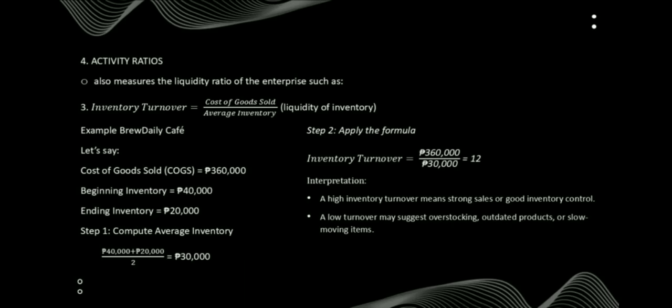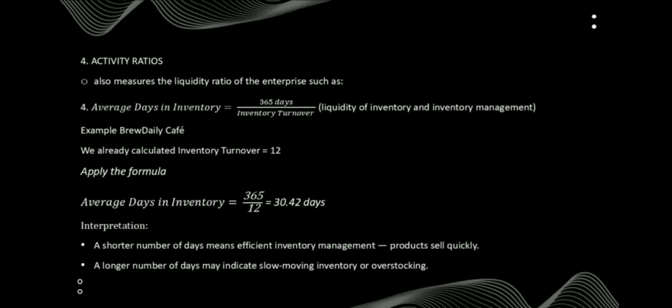A higher inventory turnover means strong sales or good inventory control. A low turnover may suggest overstocking, outdated products, or slow-moving items. In the case of Brew Daily Coffee, they sold or replaced their inventory 12 times during the year or about once a month.